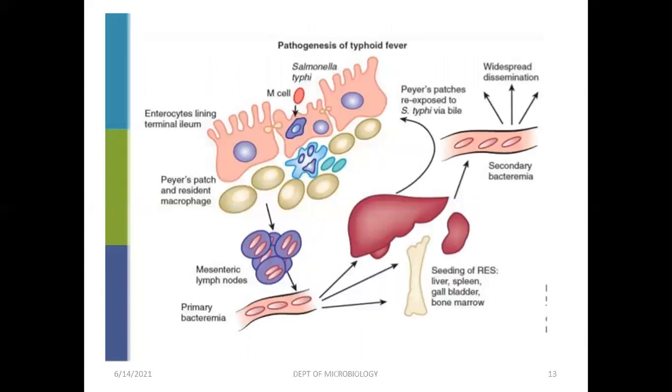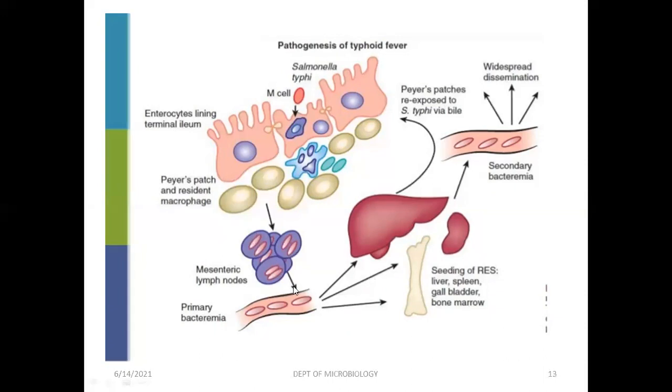This is the diagrammatic representation of the pathogenesis of typhoid fever. You can see here the Salmonella typhi. They attach on the M-cell lining of the intestinal wall. You can see here the enterocytes lining the terminal ileum. These are the Peyer's patches. These are the resident macrophages. Organisms get inside these M-cells. From there, they reach the mesenteric lymph node.